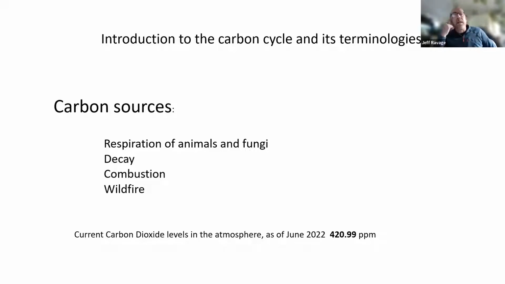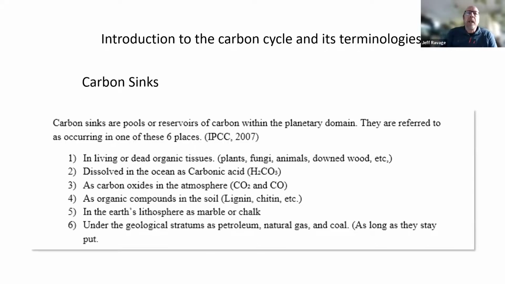So we have doubled it in the age of conquest of the New World, human expansion, and technological innovation. So carbon sinks are what we're looking for. Carbon sinks are how we keep carbon from getting into the atmosphere. And the Intergovernmental Panel on Climate Change lists 6 types of carbon sinks.